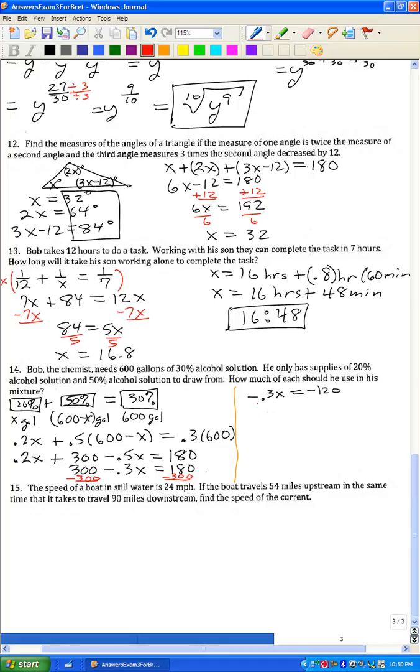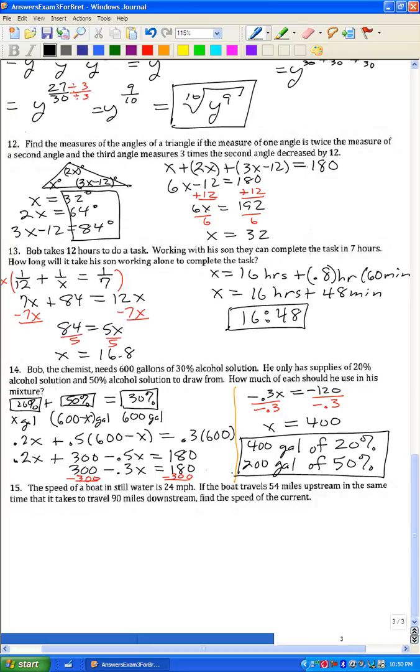Divide both sides of my equation by negative 0.3. And so x is equal to 400. So therefore, you should have 400 gallons of the 20% alcohol solution. 600 minus 400 is 200 gallons of the 50% alcohol solution. And that is your answer.